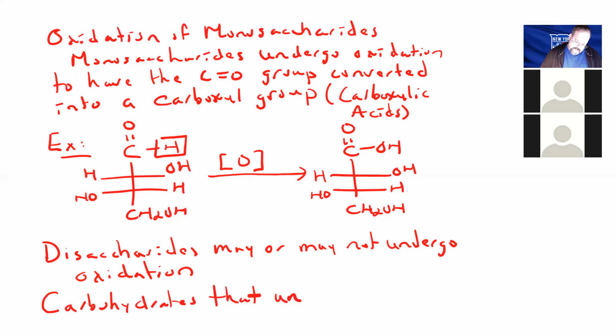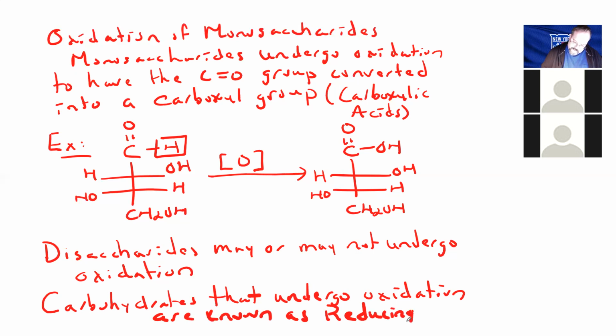And it turns out that carbohydrates that undergo oxidation are known as reducing sugars. So the thing to remember about reducing sugars is that a carbohydrate that's a reducing sugar doesn't undergo reduction. A carbohydrate that's a reducing sugar actually undergoes oxidation.